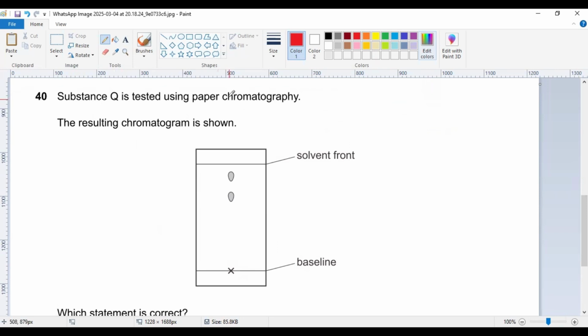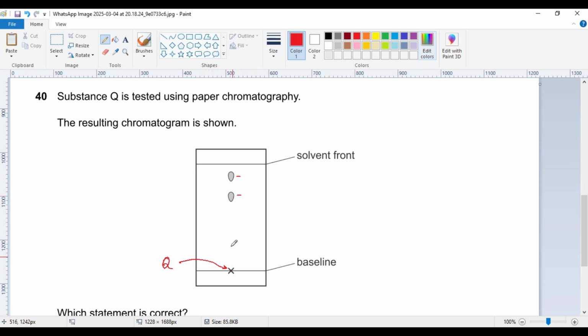Substance Q is tested using paper chromatography. The resulting chromatogram is obtained. So see, definitely the substance Q was loaded here. So the loaded substance is Q, and when we perform chromatography, we obtain two spots. So definitely both of them are different.